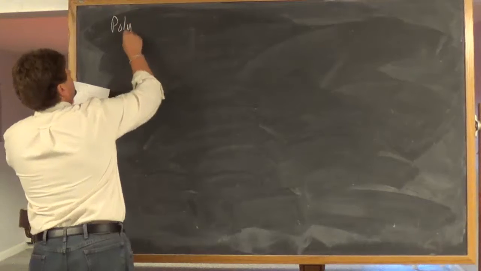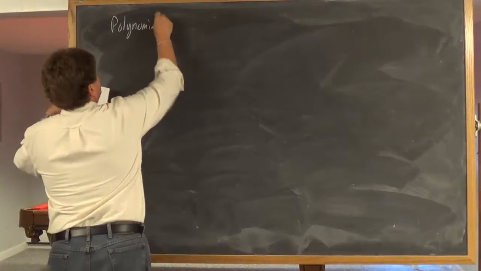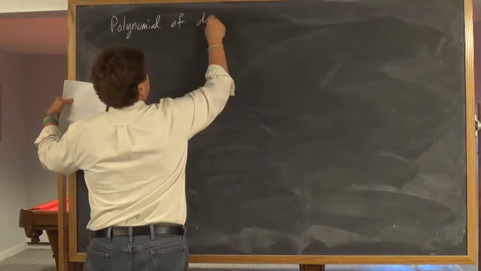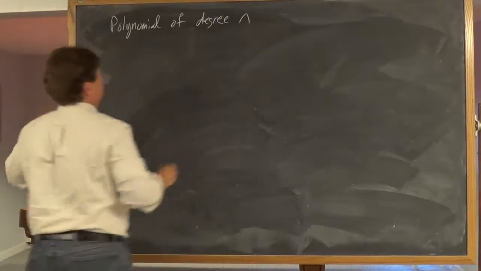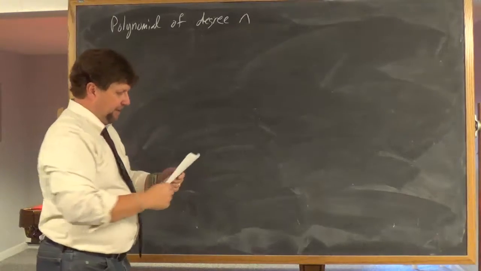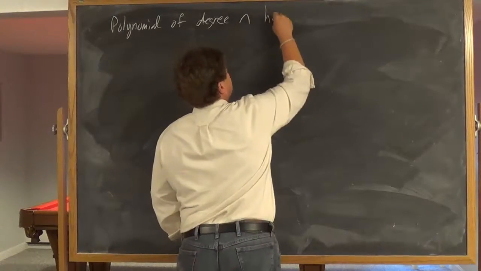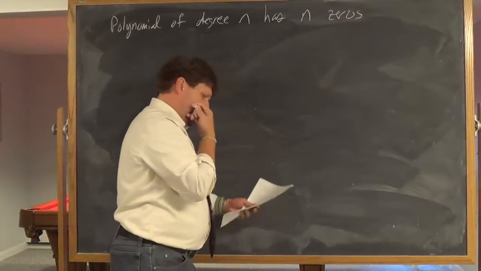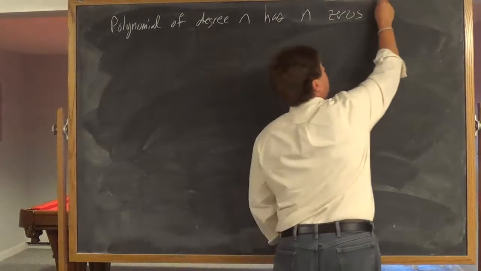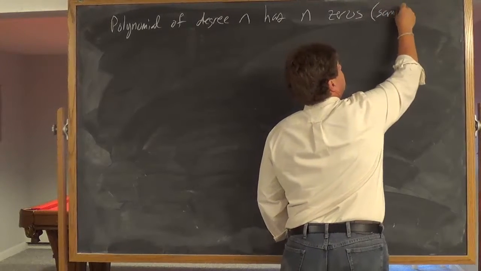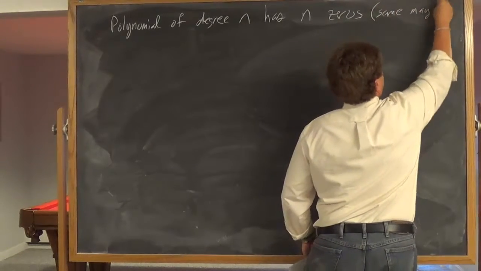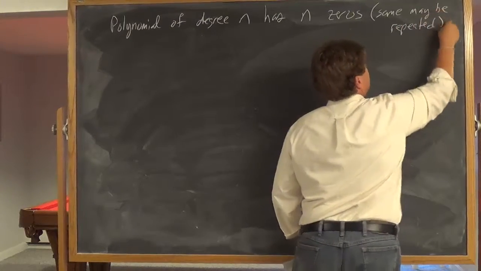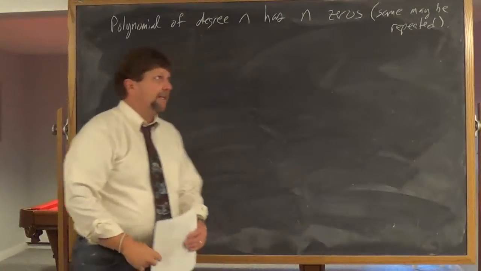A polynomial of degree n has n zeros. And parenthetically, some of those zeros may be repeated. That is, there could be multiplicity.